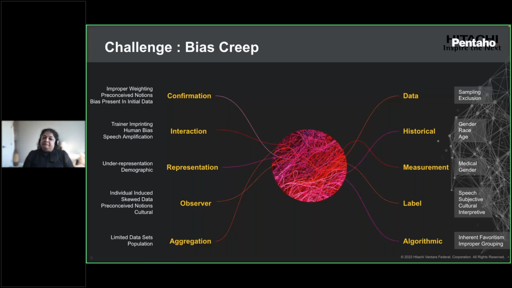So intentionally, unintentionally, bias may creep into the data which is being used for the large language models and overall general AI, generative AI, or traditional AI as well. And this is just hinting at the various different types of biases which can creep in terms of labels. There can be algorithmic bias where the nature of the data makes certain elements more conducive for the algorithm to consider those elements, but ignore the other elements of the data.